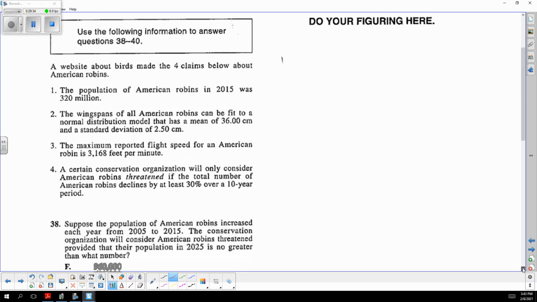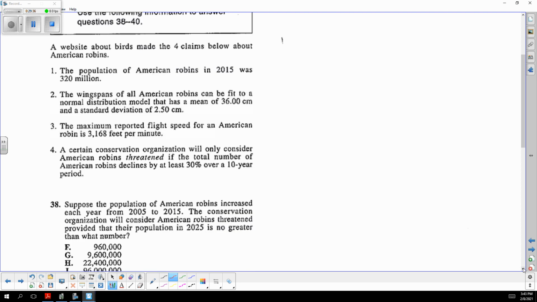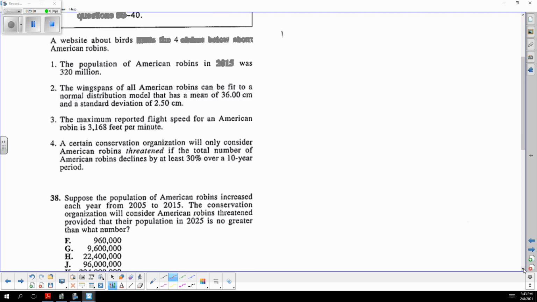This one, I read it and I was like, all right, what are they doing here? They're all kind of different information. One is wingspan, maximum speed, this is threatened, and this is just population. So the conservation would consider it threatened if it's 225 million, 10 years later. So it's threatened if it declines by 30%.